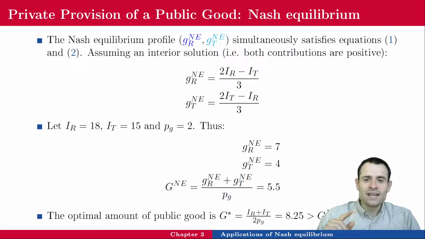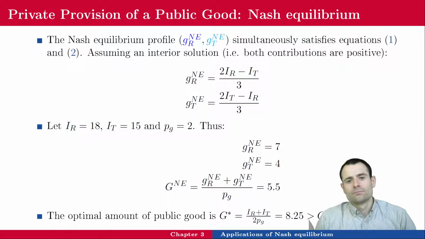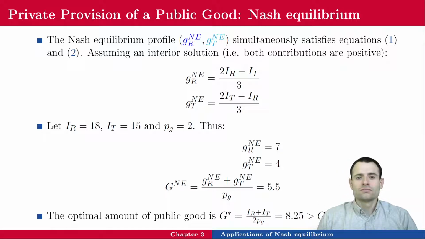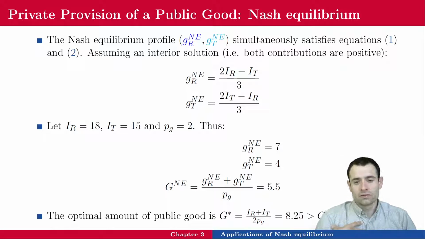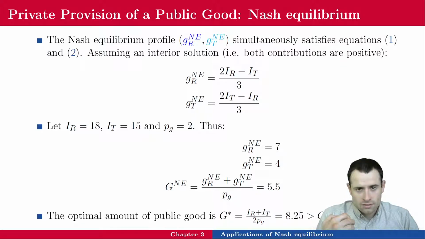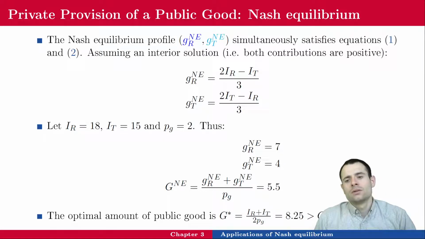If they had taken into account the effect they have on the other with their contribution, they would have contributed more. Because they do not, they only care about themselves, they decide to contribute less, and the Nash equilibrium is inefficient. If they individually contribute, they do not internalize the externality they impose on each other.